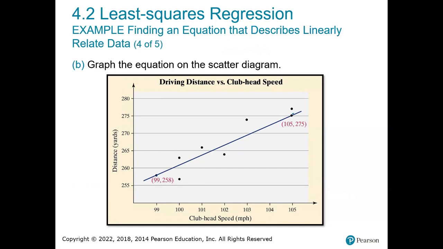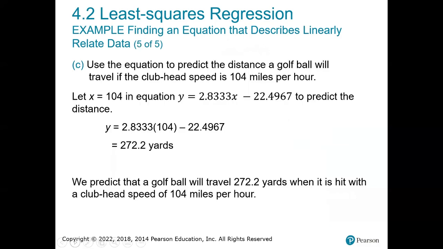As it says, use the equation to predict the distance a golf ball will travel if the club head speed is 104 miles per hour. Well, 104 miles per hour is the x value. So I'm going to put x into my equation. So 2.8333 times 104, and then subtract 22.4967. And this is what my equation is predicting.